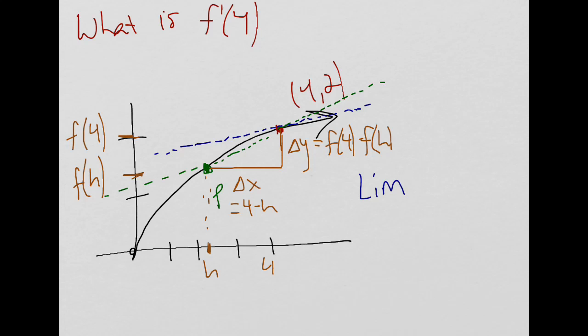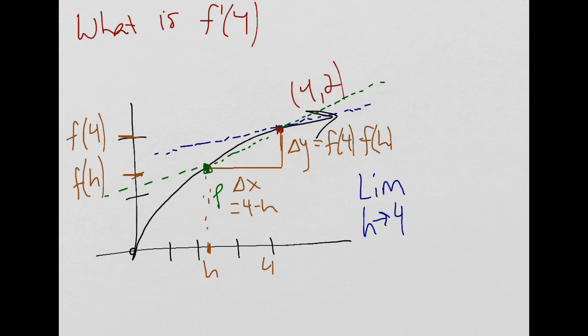Now, I want to slide h in. How do I slide this thing in? Well, I take h and I move it that way, and that's going to take the dot and move it this way along that curve. So the h is going to slide into the 4. So what I'm actually looking at is the limit as h approaches 4.